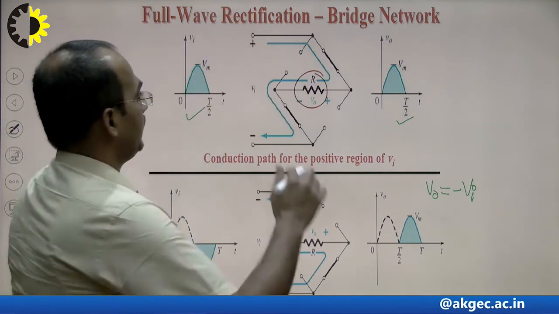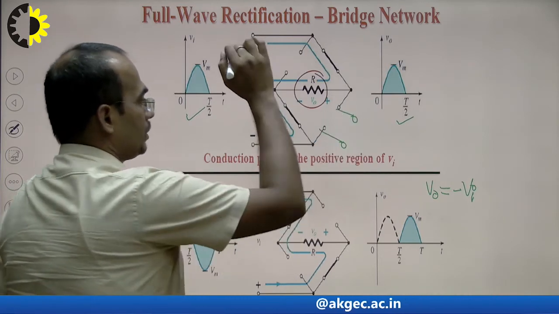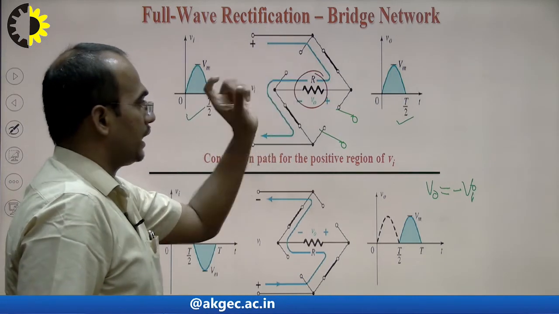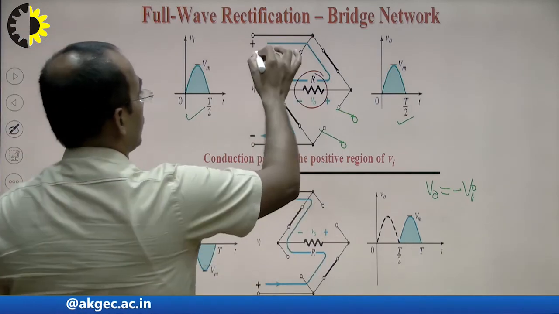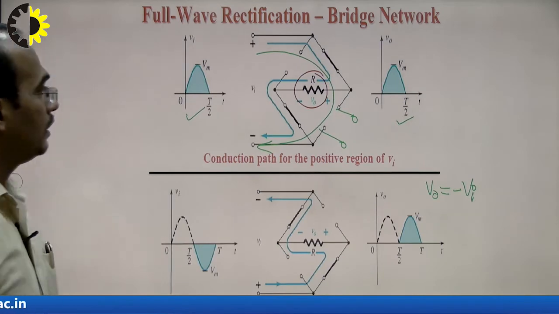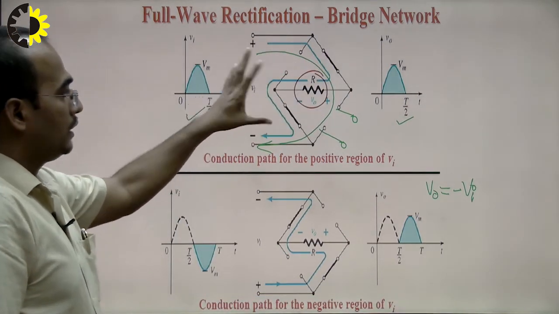I have to find the voltage across this diode. By applying KVL across this loop, we can find the peak inverse voltage of the circuit.